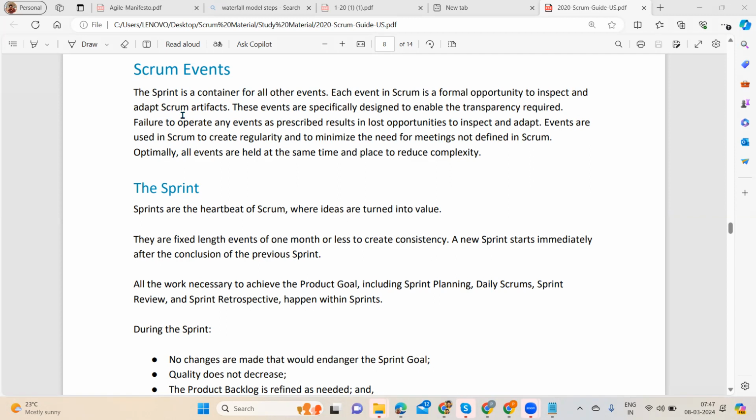Okay, right. In real time, what is the duration of the sprint? This is also one of the most asked questions. They will ask, what is your sprint duration? What is the length of your sprint?